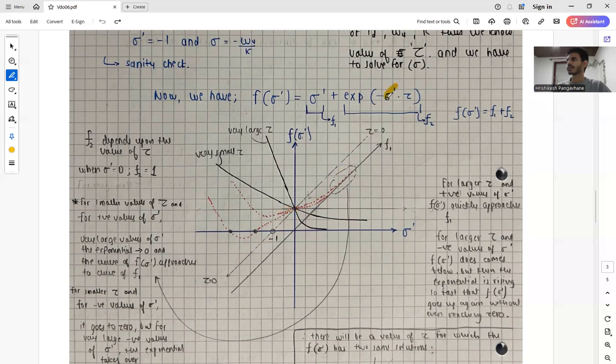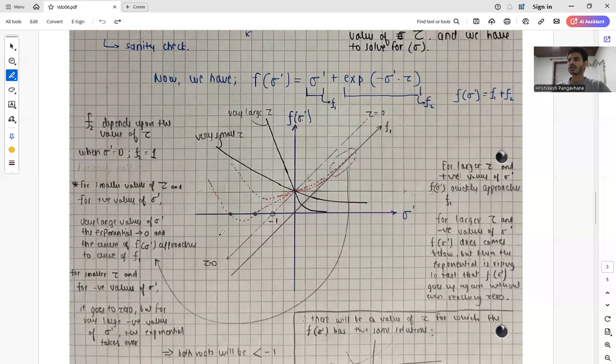For smaller values of tau and positive values of sigma prime, our function will look like this, reaching f1 asymptotically.